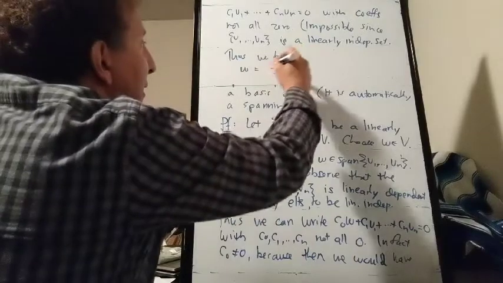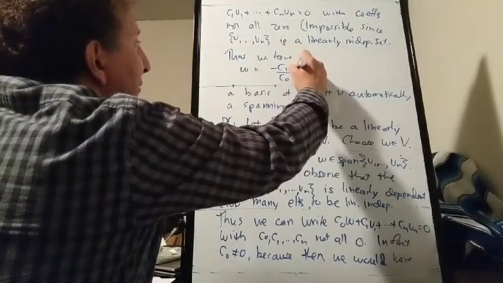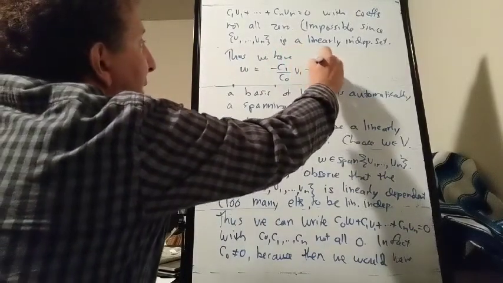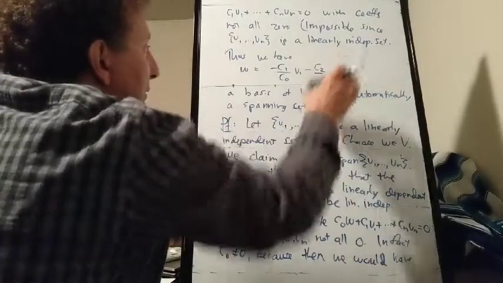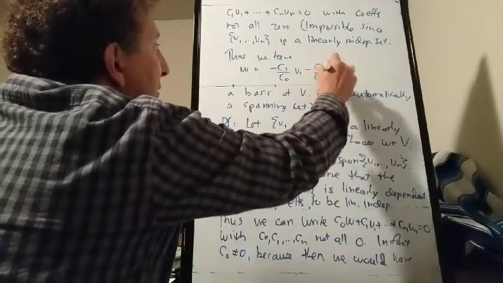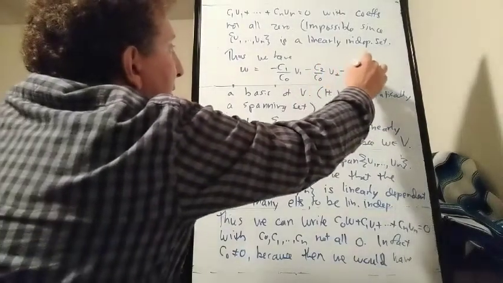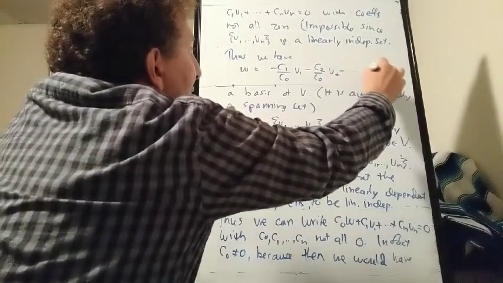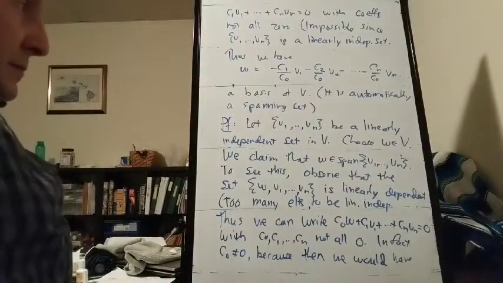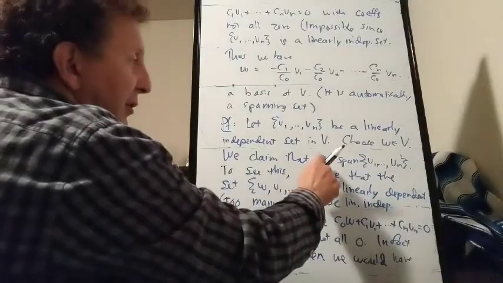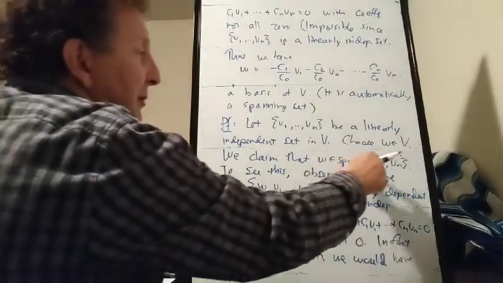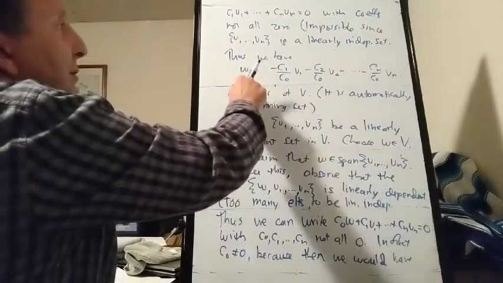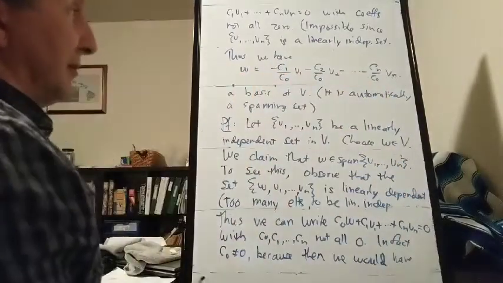So W is minus C1 over C naught V1 minus C2 over C naught V2, etc. minus Cn over C naught Vn. But there we have it. I wanted to show that W is in the span of V1 through Vn, meaning W is some linear combination of these. It is. W is this linear combination of V1 through Vn.